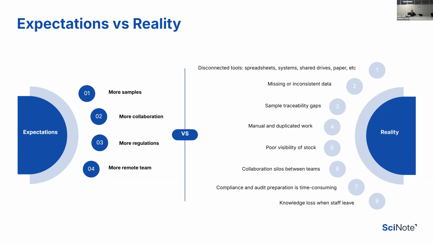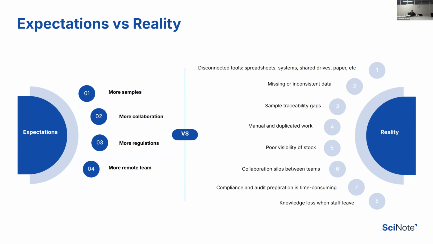And we've seen this also with the first poll question we asked. Very disconnected tools, right? Spreadsheets, systems, everybody is using different spreadsheets. So data is missing, it's inconsistent. It's hard to trace where different samples were. It's hard to trace lineage. There's a lot of manual duplicated work happening.